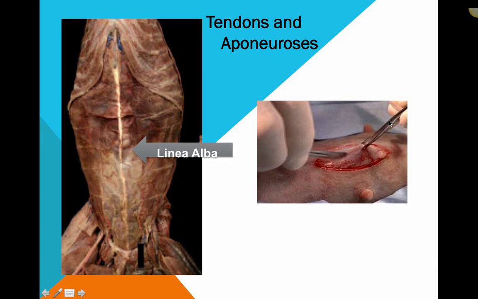Okay, tendons and aponeuroses. Aponeuroses are broad sheets of connective tissue, broader than a tendon. So it's more like a sheet rather than one thin strand. And the one that you'll see the most is the linea alba. The linea alba is literally a white line once you cut away the skin and fat in the abdomen.